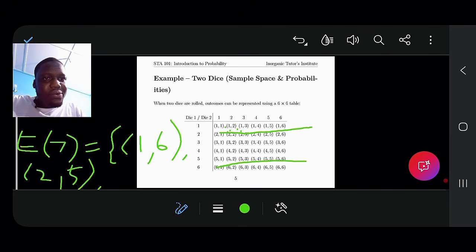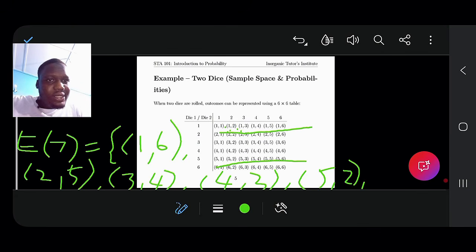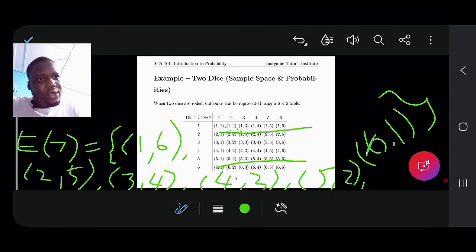Then on the third row, 3 4 gives us a sum of 7. On the fourth row, 4 3 gives us a sum of 7. On the fifth row, 5 2 gives us a sum of 7. And on the sixth row, 6 1 gives us a sum of 7. So this is how to obtain sum of 7 from the sample space.